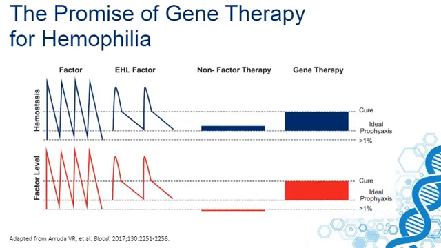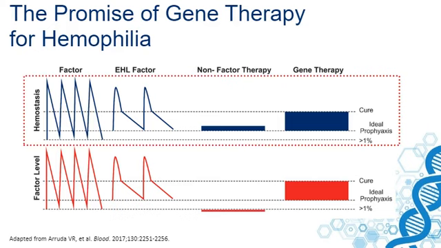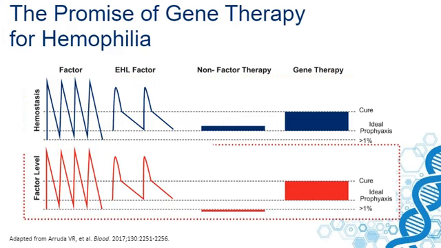This is the last slide of the slide set, and it describes the promise of gene therapy for hemophilia. The slide describes at the top the effects on hemostasis with factor replacement, extended half-life factor replacement, non-factor therapy, and on the right of the slide, the possibility of what can happen with gene therapy. At the bottom of the slide, you see levels of clotting factor which can be measured within the circulation.